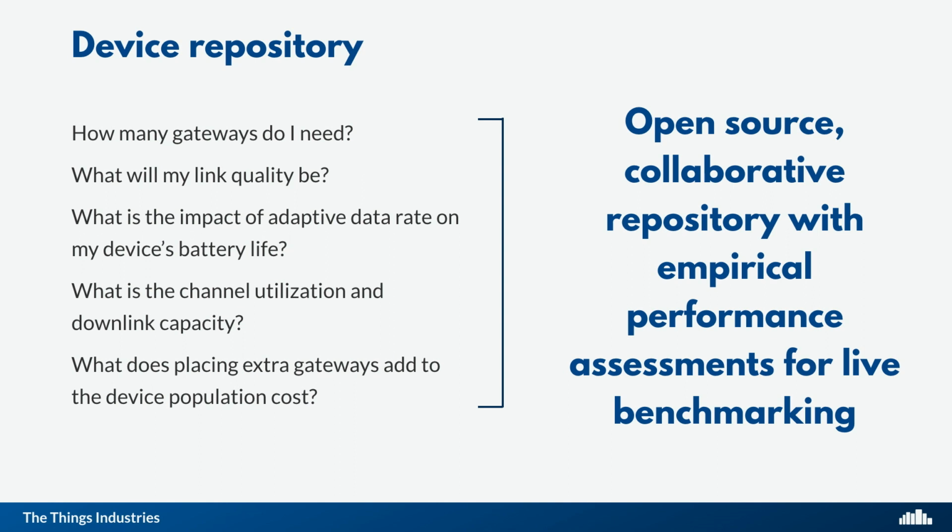So let's say, for example, you have a parking sensor, and this parking sensor is sending data in spreading factor 7 for half a year. What does that mean for battery life? And what does that mean compared to SF12? And if we know that, and if we have all these profiles based on real-world data, we can actually map that to how the device population is performing in your network.